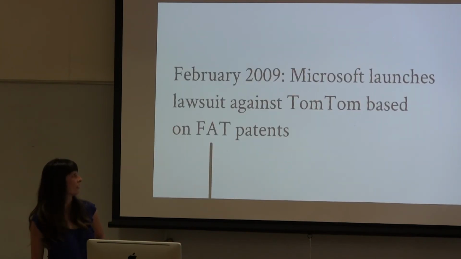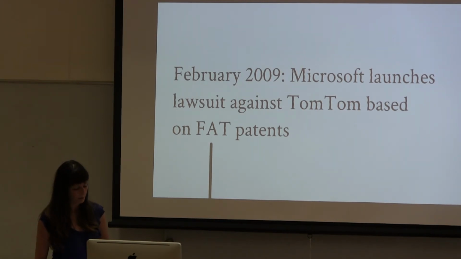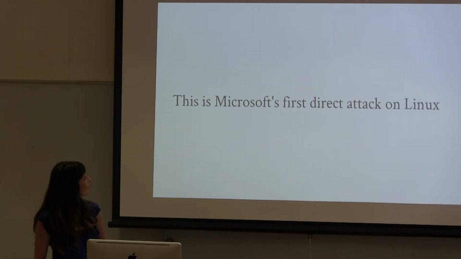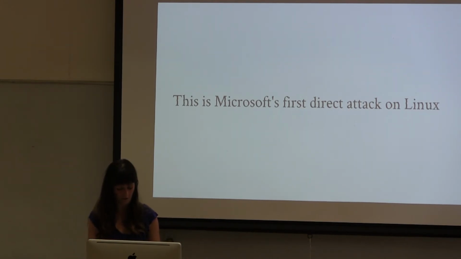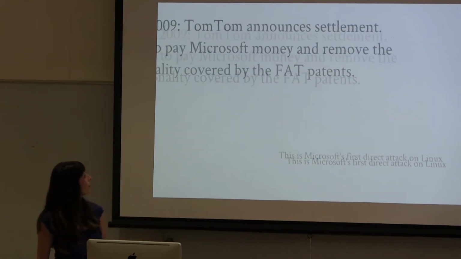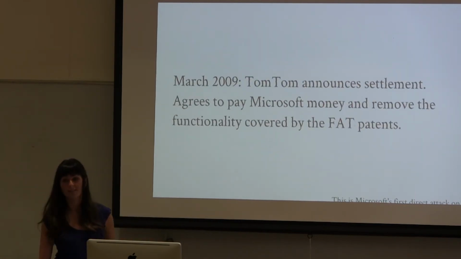And so then we start to see the lawsuits. In 2009, Microsoft launches a lawsuit against TomTom based on these FAT patents. And then we start to see how it's going to affect Linux. TomTom settles, agrees to pay Microsoft money, and removes the functionality covered by the FAT patents.